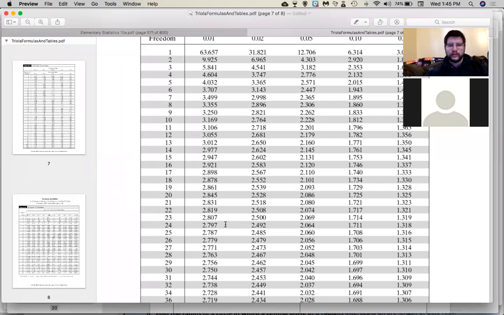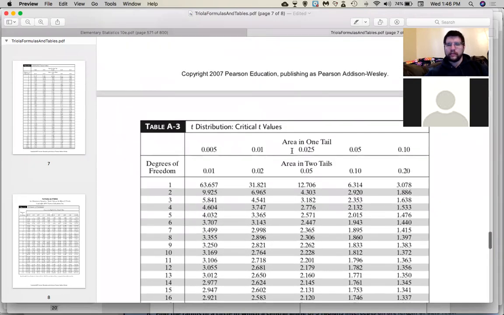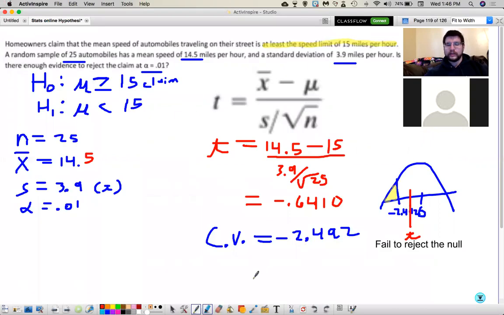So 24, 0.64, we're looking at these numbers, they're going down. So it's somewhere over here. The area is getting bigger as we go to the right. So what we can say about the p-value is that it's bigger than 0.10, because as these numbers go down, these numbers go up. So all we can say for sure for the t is that p is greater than 0.1.